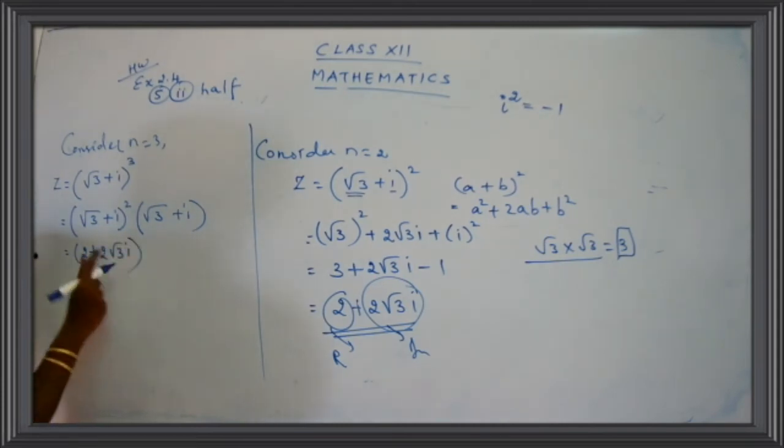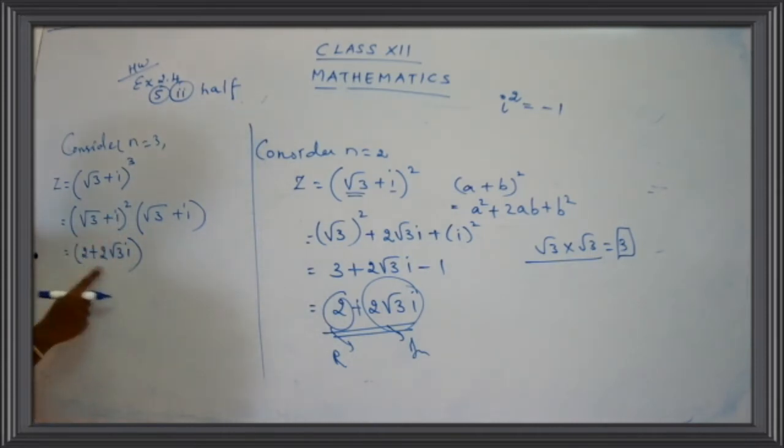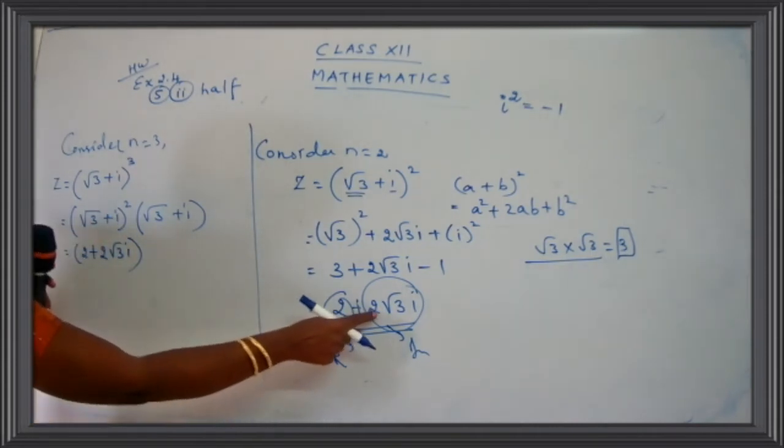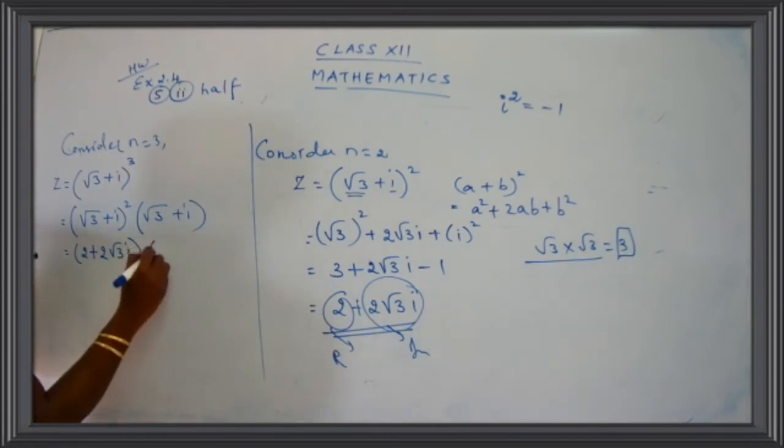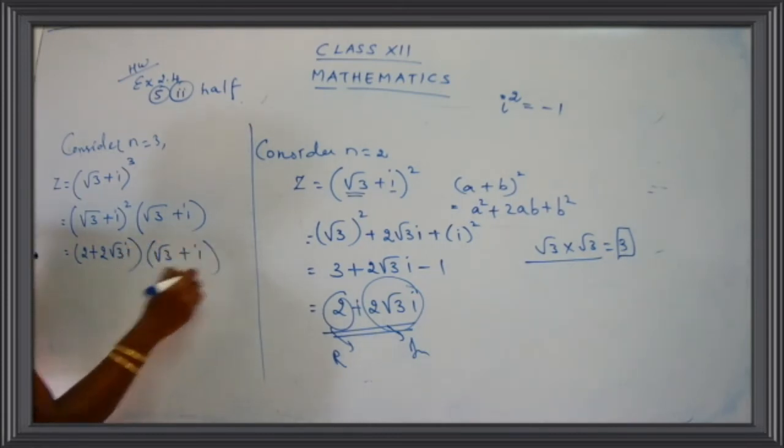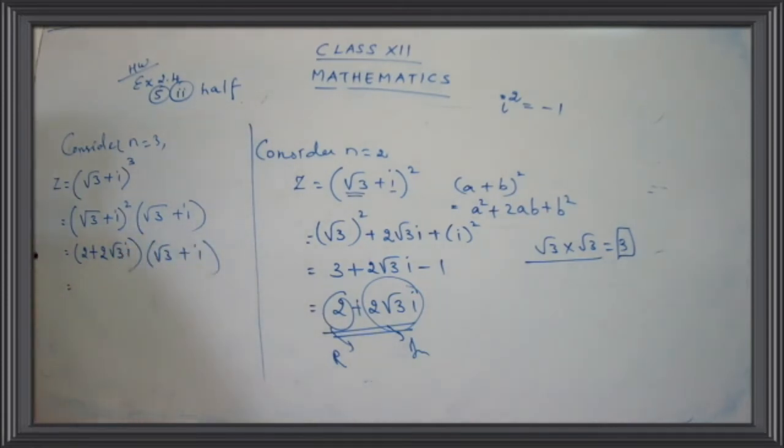Yes, so the value for root 3 plus i the whole square is 2 plus 2 root 3i. This is root 3 plus i. Okay, come on, try out the sum, children. Multiply and give me the answer. I hope you are doing the multiplication properly. Do not miss out any terms, children.